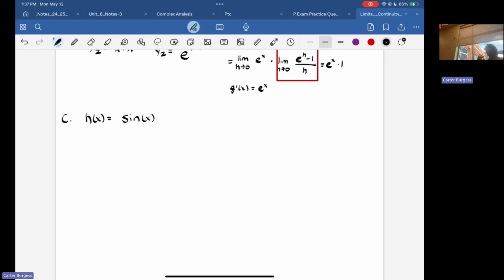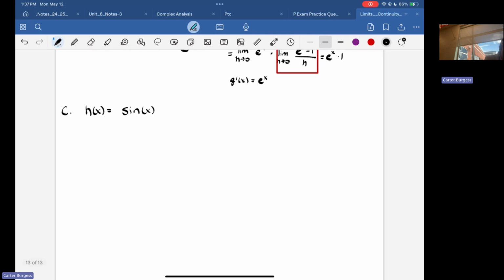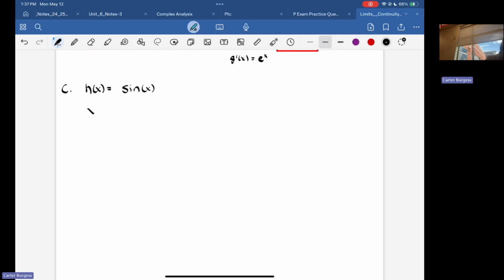Okay, so again, when I'm asking about derivative, what is that essentially a fancy way of asking for? Derivative is a fancy word for slope. And so what are our x1 and our x2 and our y1 and our y2? So x and x plus h are always x1 and x2.